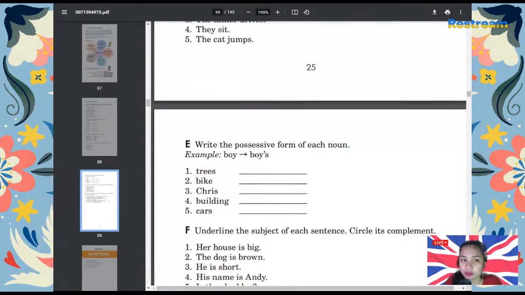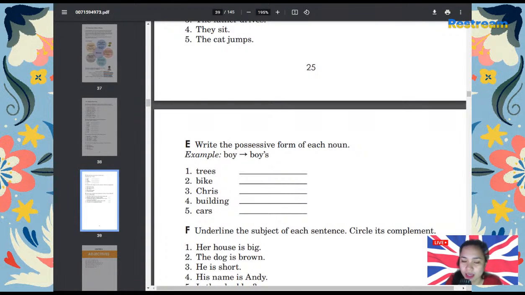So you cannot remove the letter S from cars because it is in plural form already. It is more than one. So we just need to make it into a possessive form. There you go, you got it, Dhruv. We just add the apostrophe right after the letter S. Good job.